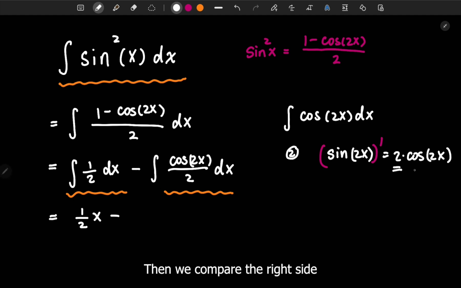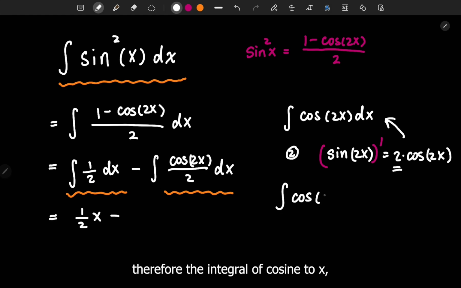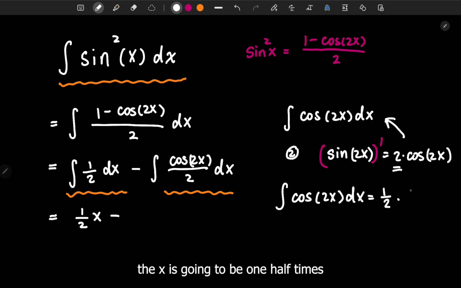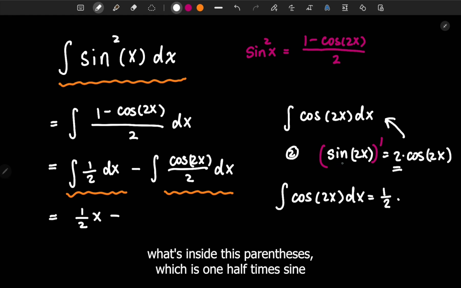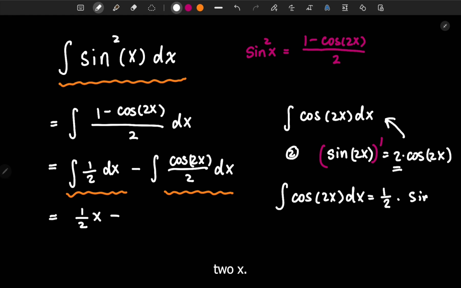Then we compare the right side with our question. We notice for the initial question, we don't have the coefficient 2. Therefore, the integral of cosine 2x dx is going to be 1/2 times what's inside the parentheses, which is 1/2 times sine 2x.